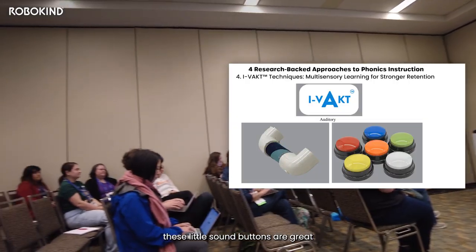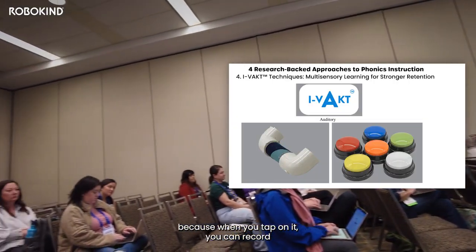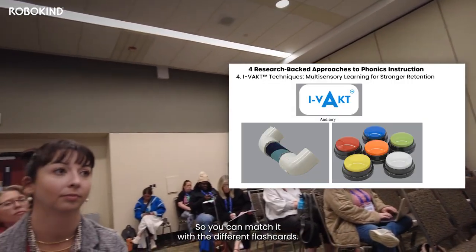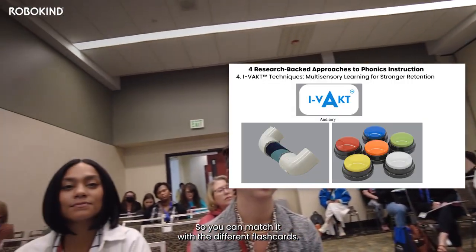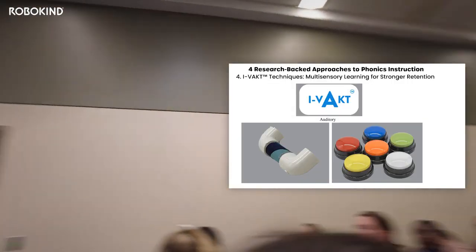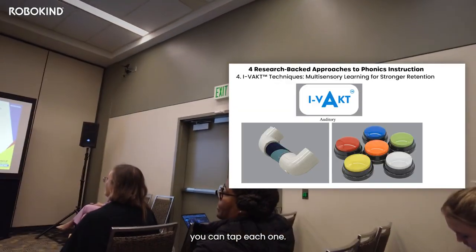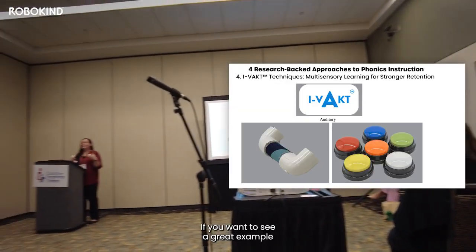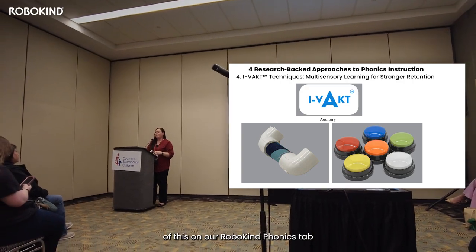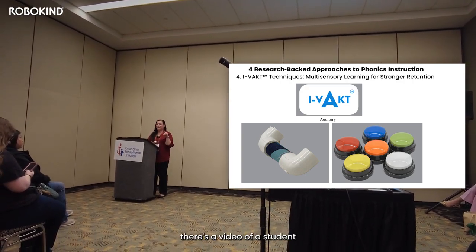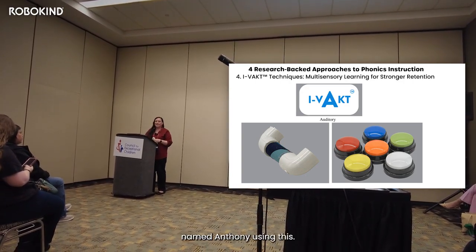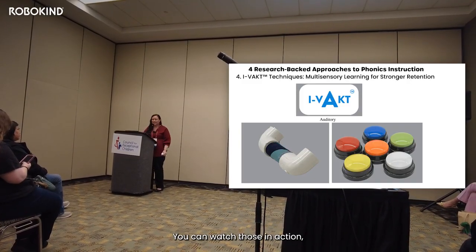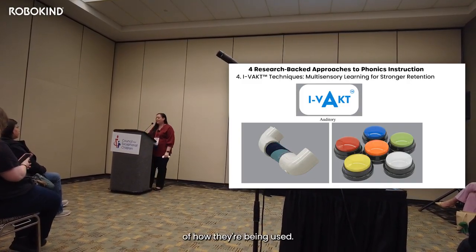These little sound buttons are great because when you tap on one, you can record what the word is, and then you can play it back. So you can match it with the different flashcards. And when you get to decoding, you can tap each one, hear each sound, and put all of them back together. If you want to see a great example of this, on our RoboKind Phonics tab, there's a video of a student named Anthony using this. It's one of my favorite videos, so you can watch it in action.